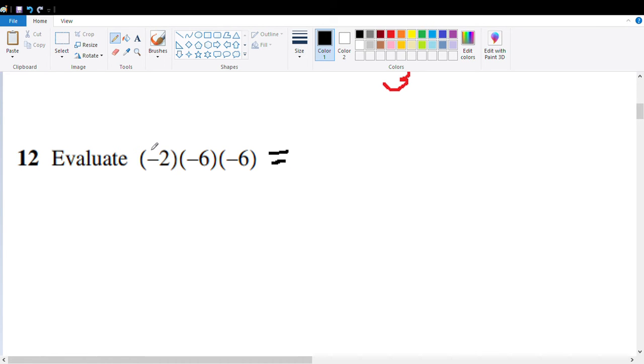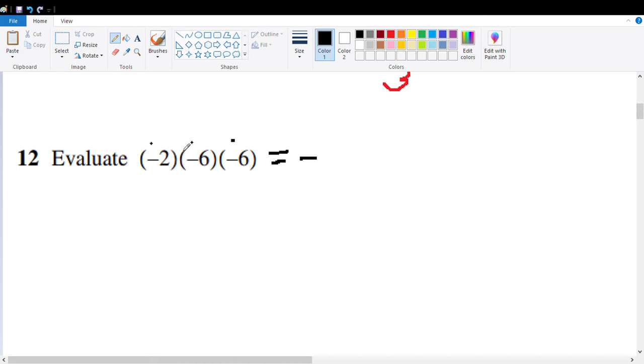We have how many negatives? 1, 2, 3. So we have 3 negatives, which means our answer is going to be negative.